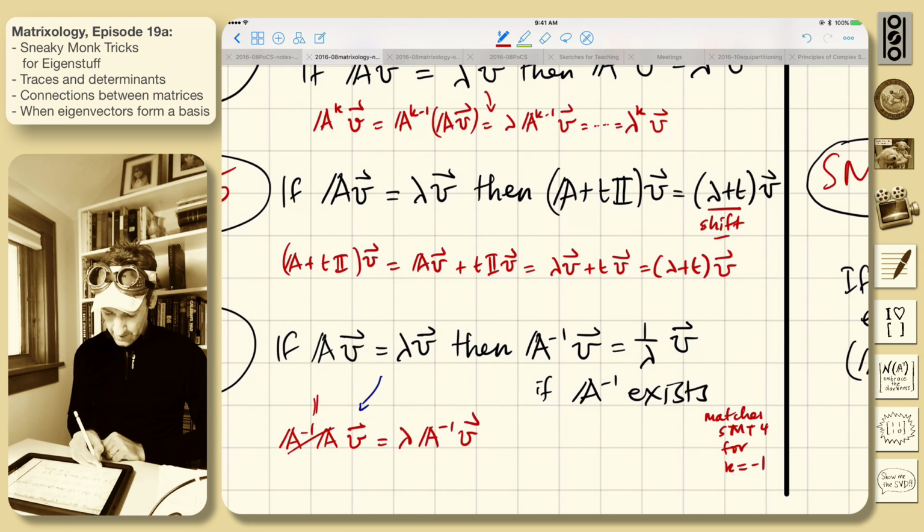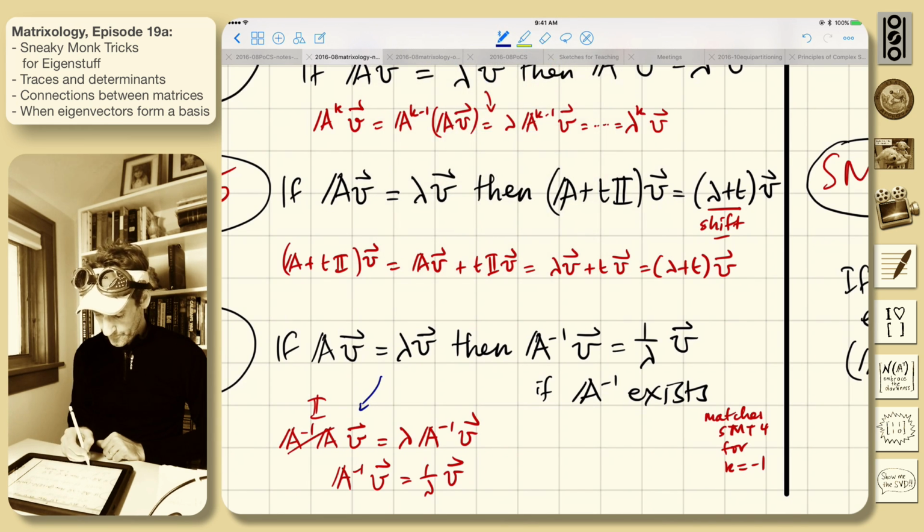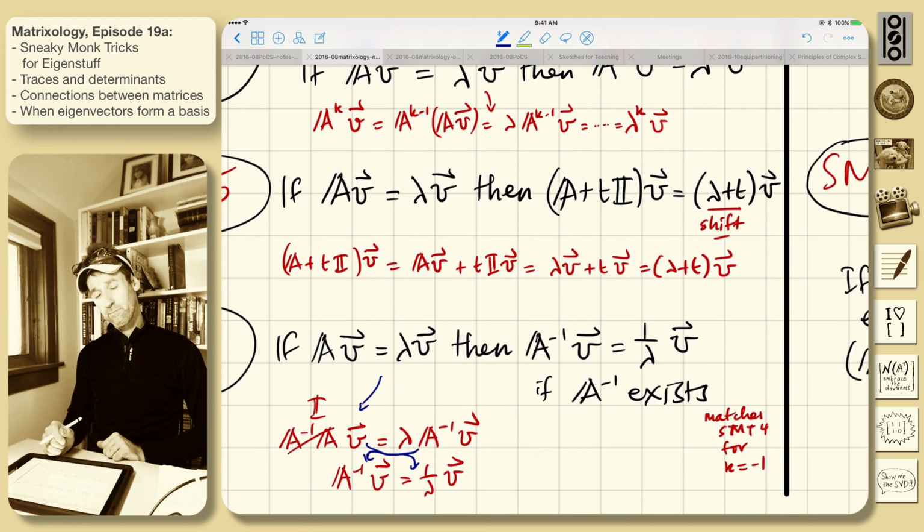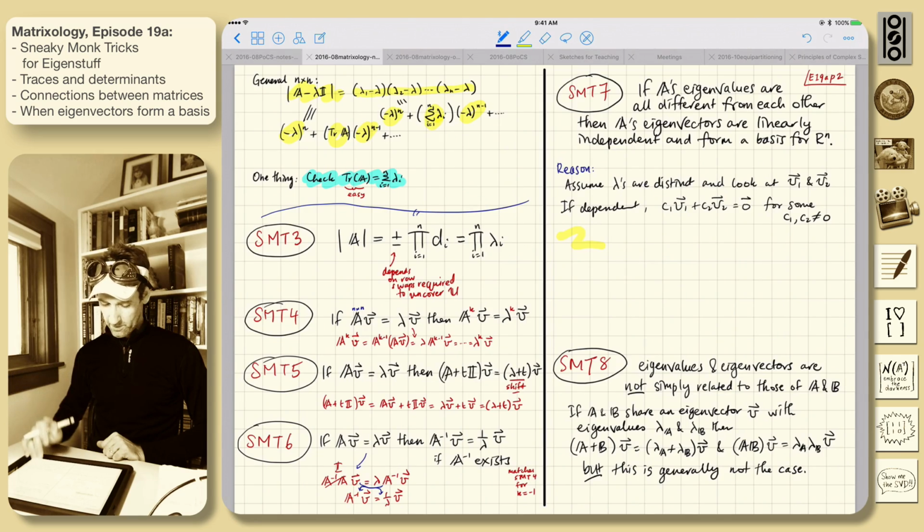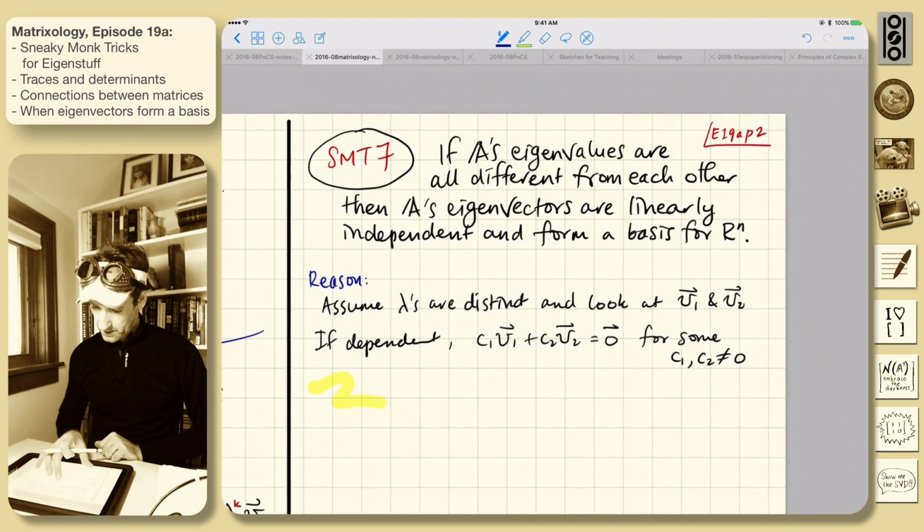So this is the identity. We'll switch them around and divide both sides by lambda. We get the result. Put this here, put this one here. Yep, it's great. Sneaky trick number 7.